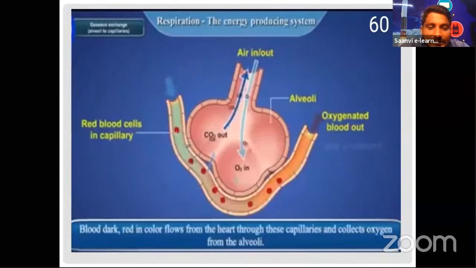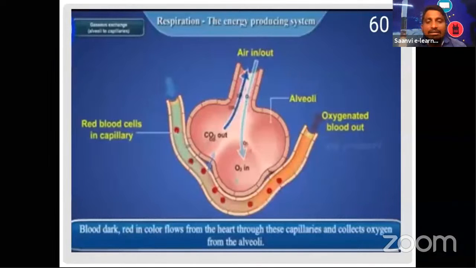See here, blood, dark red in color, flows from the heart through these capillaries and collects oxygen from the alveoli.